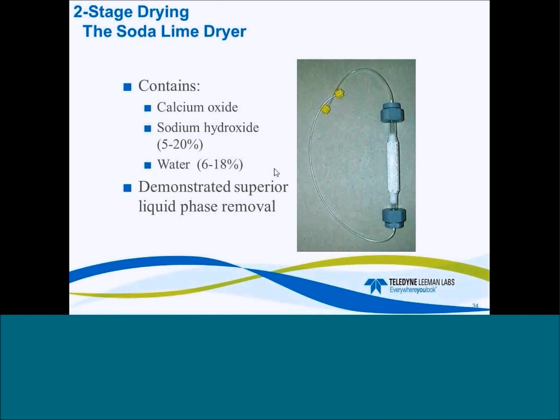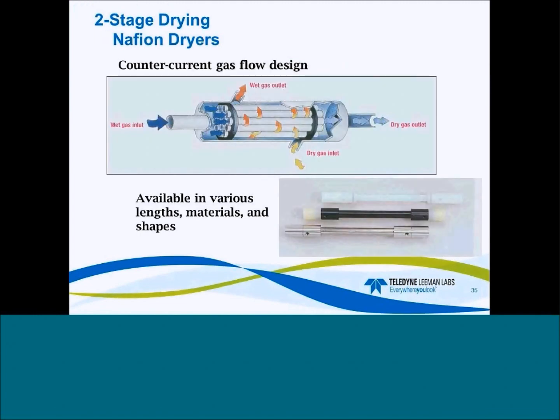We use that as the first stage, and then as a second stage, we use a Nafion dryer, which is, in this case, required for method 245.7. So we use the two dryers in tandem. A Nafion dryer basically uses a semi-permeable membrane that has a hygroscopic radical attached to the polymer.